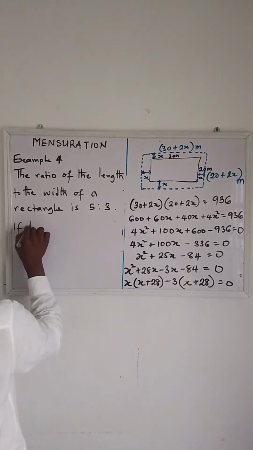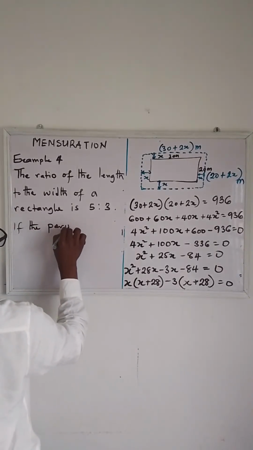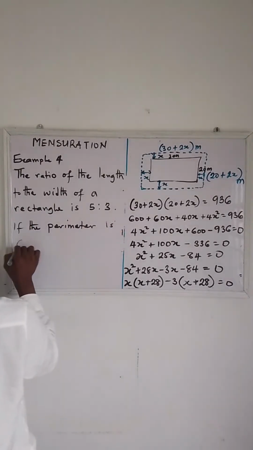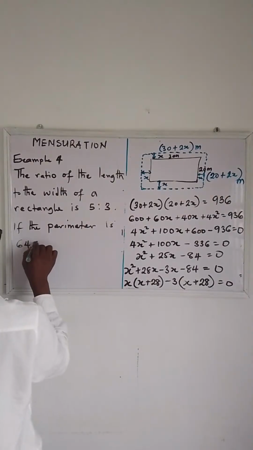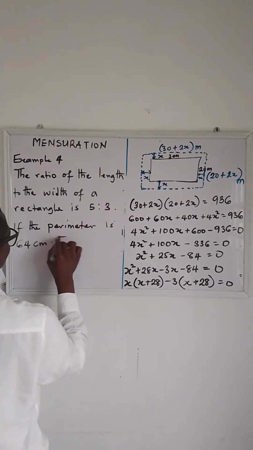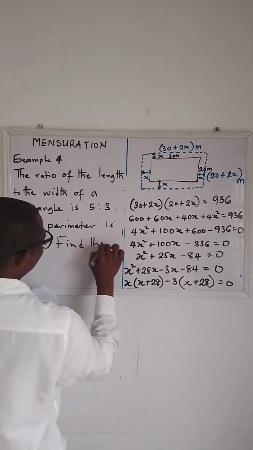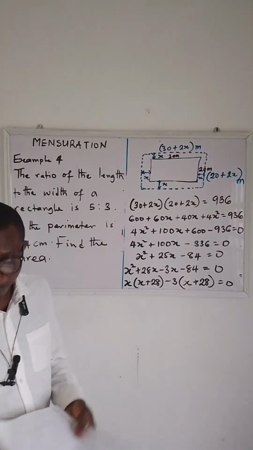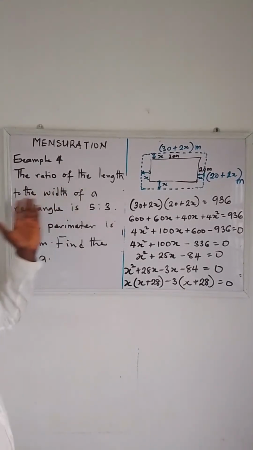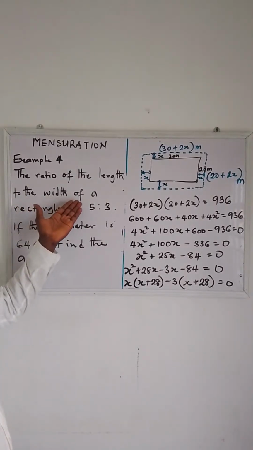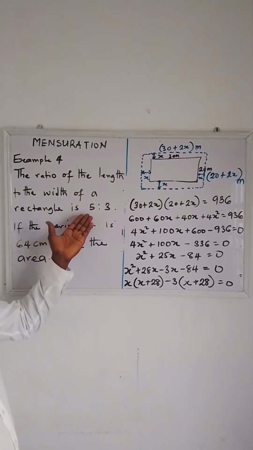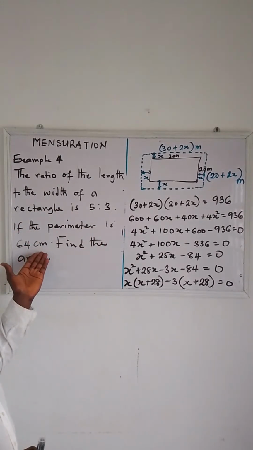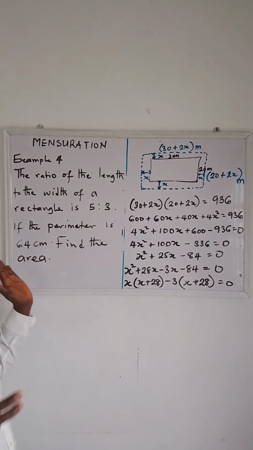So if the perimeter is 64 centimeters, find the area. Now, the ratio of the length to the width of a rectangle is 5:3. If the perimeter is 64 centimeters, find the area. Okay, so that's the question.